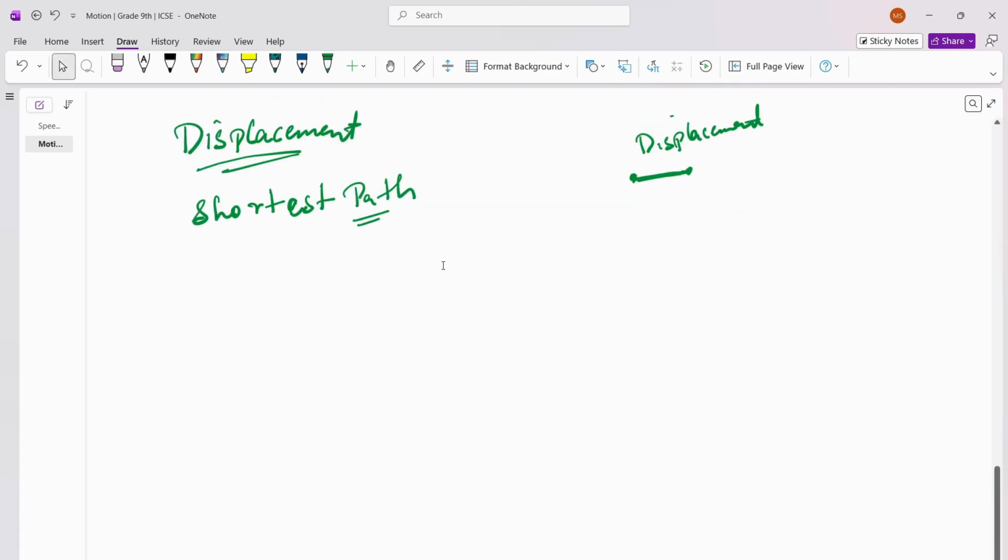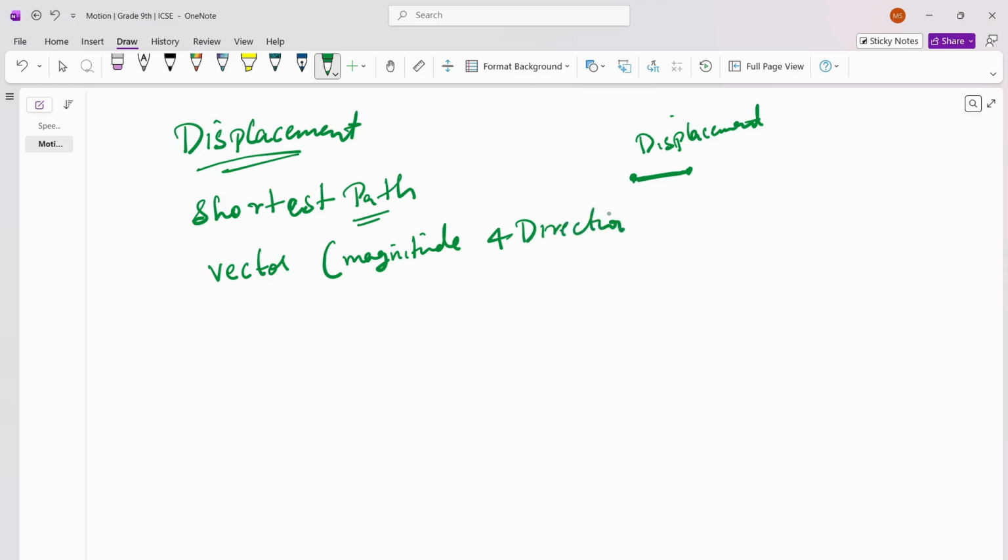Okay, so important property of displacement is it's a vector quantity, which means it has both magnitude and direction. Okay, for example, you move 10 meters forward and 5 meters backwards, so the displacement is 5, because the shortest distance between your starting point and your ending point is 5.